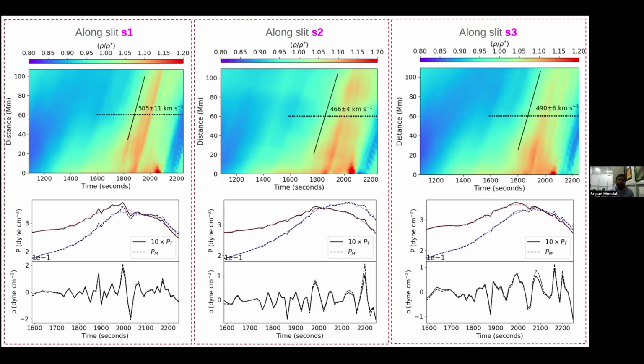More importantly, the bottom panel shows the total changes in the thermal pressure and magnetic pressure, and then we do the detrending to subtract the background trend to find the small scale fluctuations associated with waves. As you can see from the bottom panel, the small scale fluctuations in thermal pressure and magnetic pressure are in phase in all three locations, which confirms that the waves are moving in a fast mode manner.